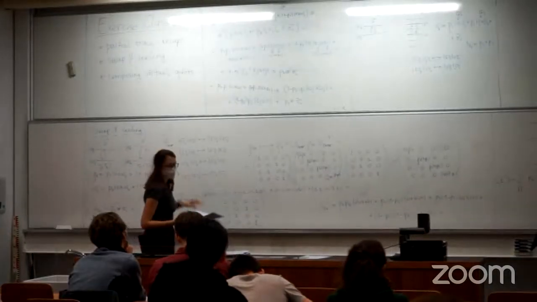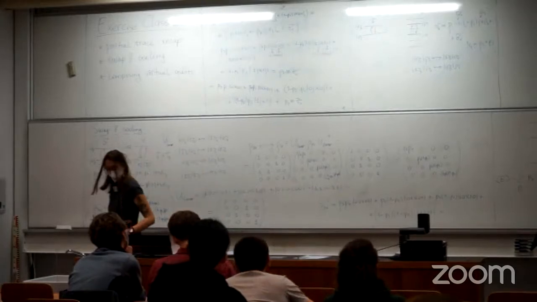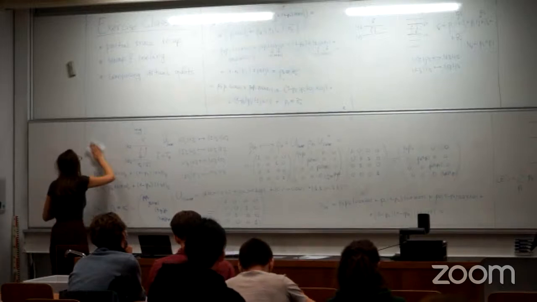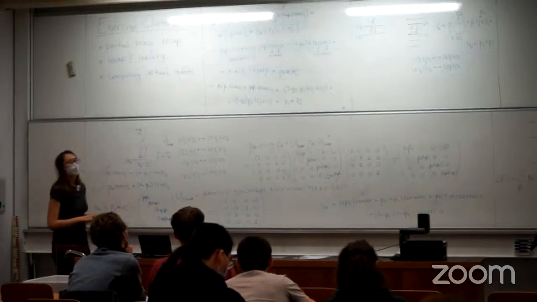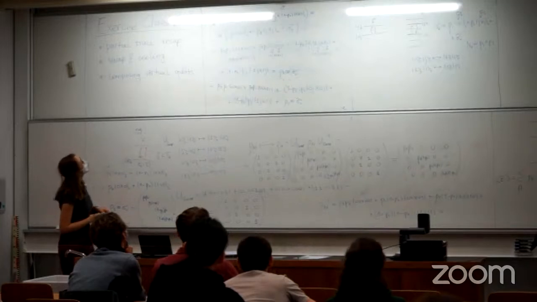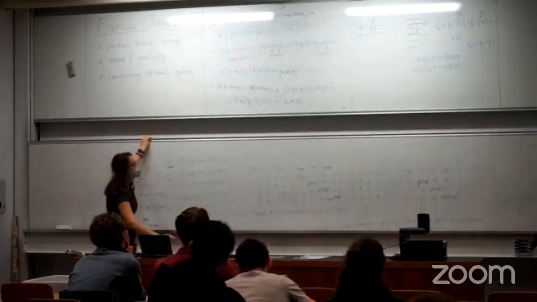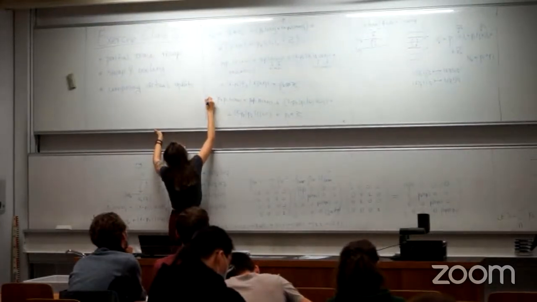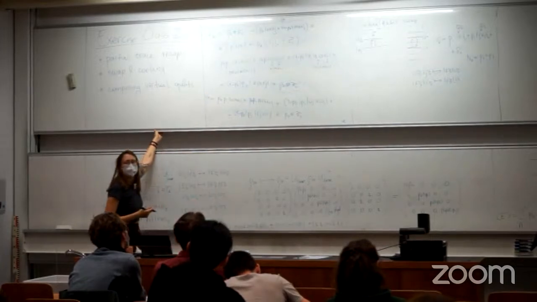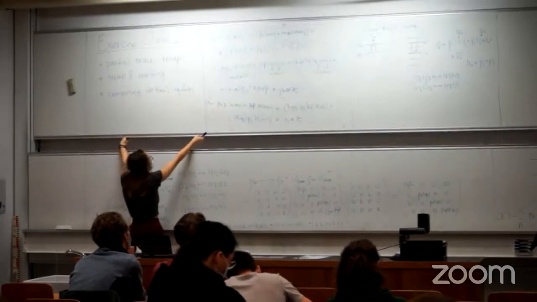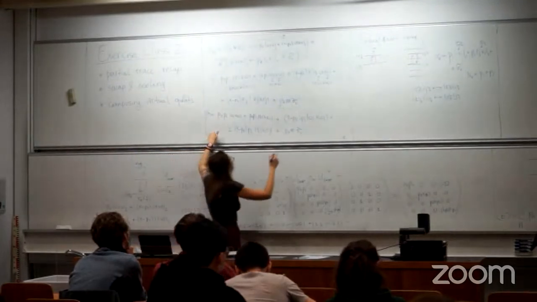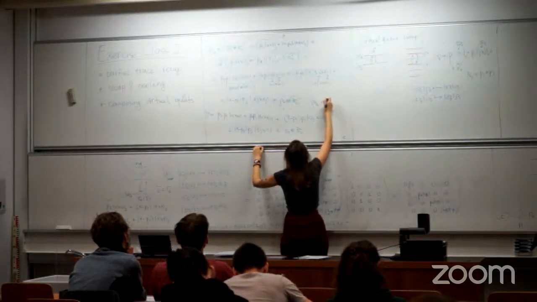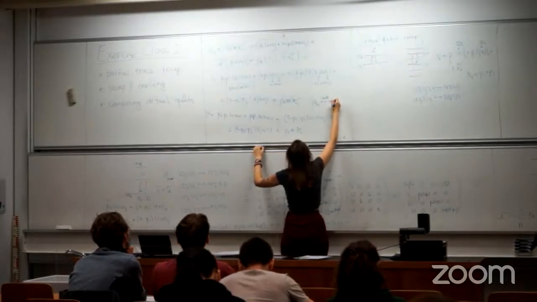So basically we have rho SV, then we apply the swap, and we get rho SV prime.